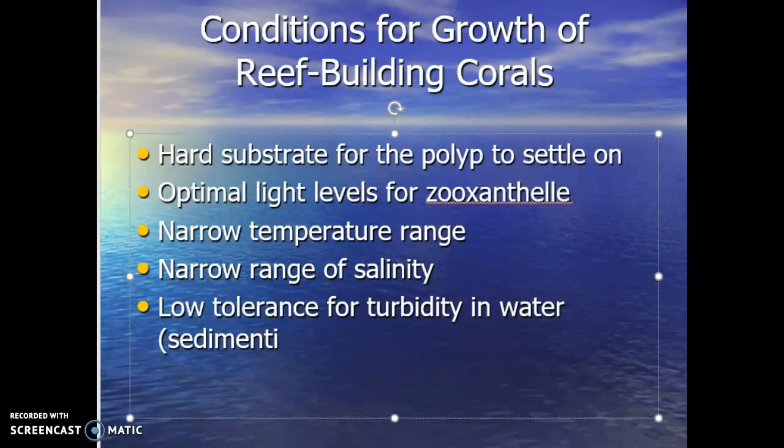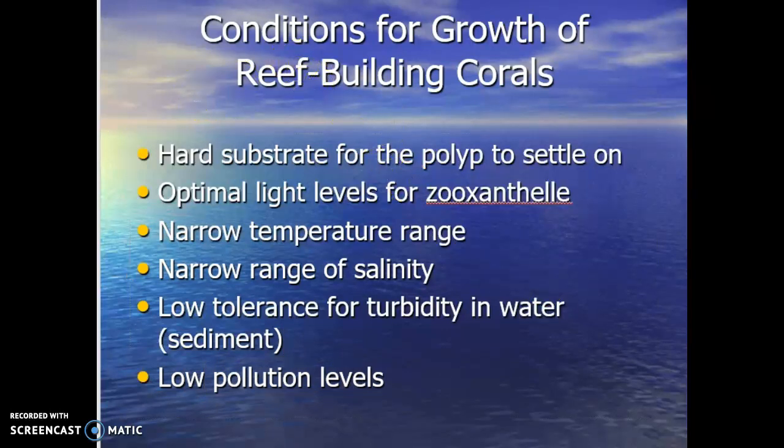If there's too much sediment floating in the water, it makes it cloudy and the corals can't photosynthesize. And low pollution levels. Okay, so corals are fairly sensitive animals. For those reefs to form, you better have some pretty good water conditions. So if they get out of these ranges, corals do not do well, and that creates problems.